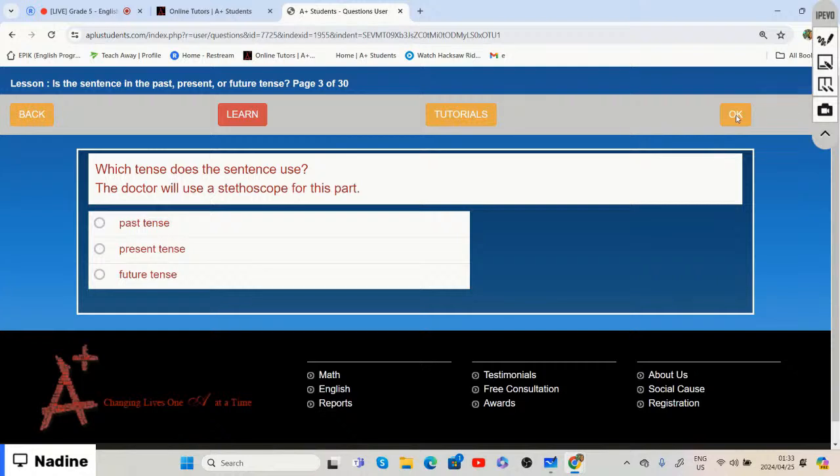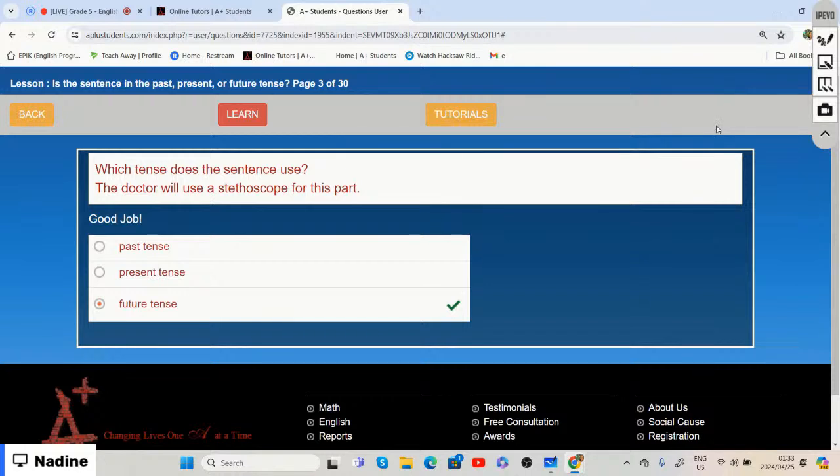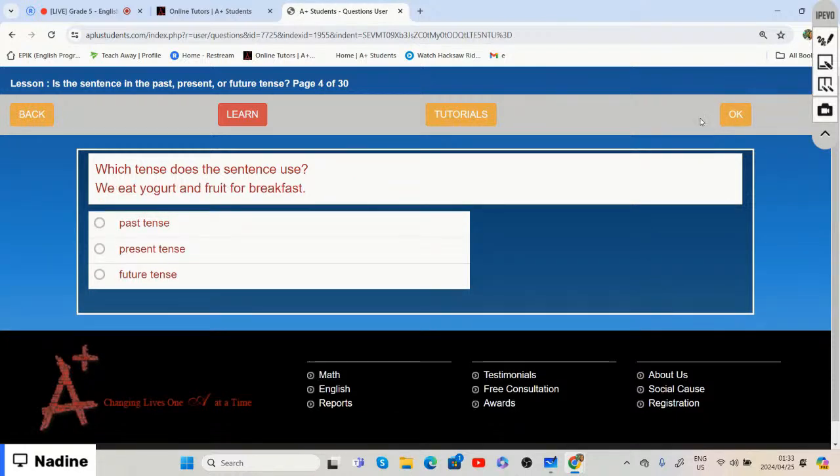All right, and if we look at the correct tense, then yes, especially the word will over here tells us that it's in the future tense. So well done. Future tense is correct.